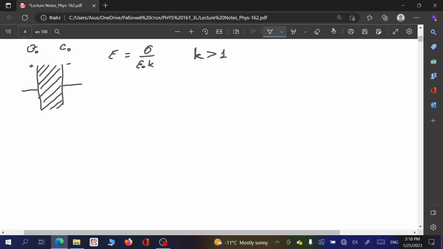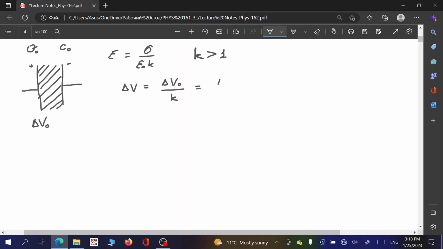So now if we reduce the electric field inside the capacitor, what happens in terms of potential difference? Initially it was delta V naught in vacuum. Then we filled it with some dielectric material, and delta V is given as delta V naught divided by K. Why?